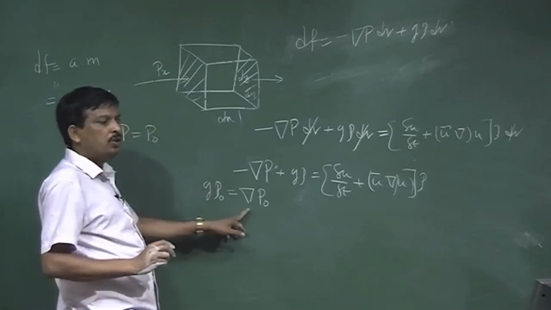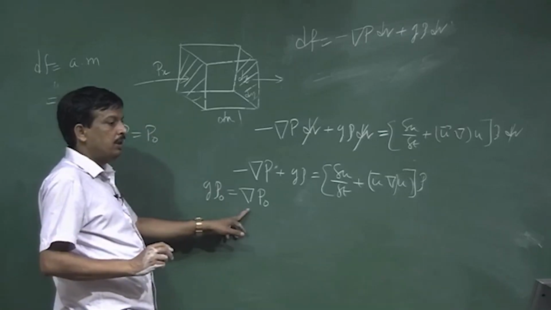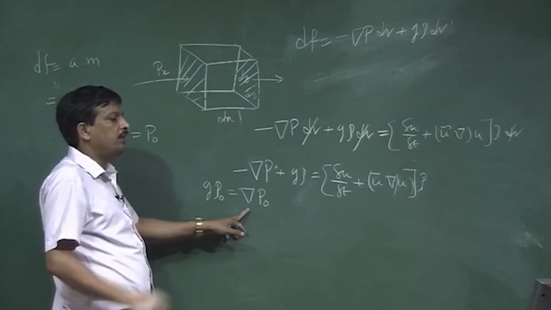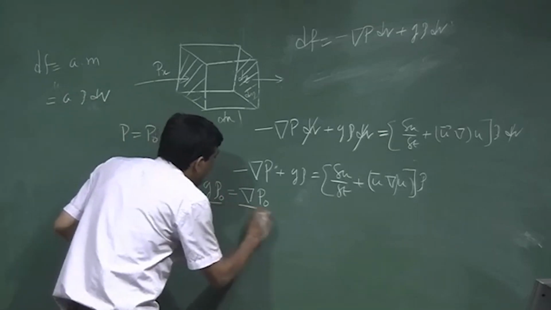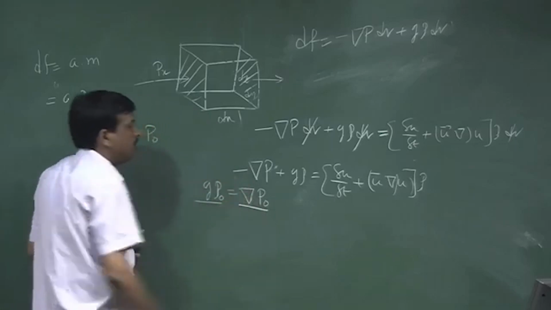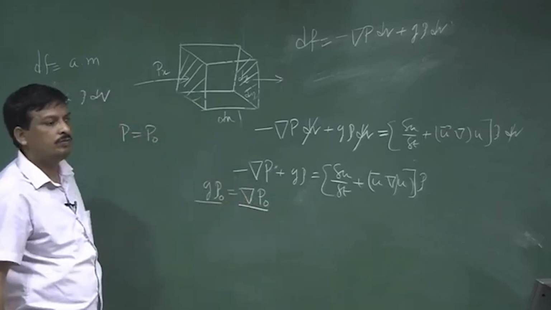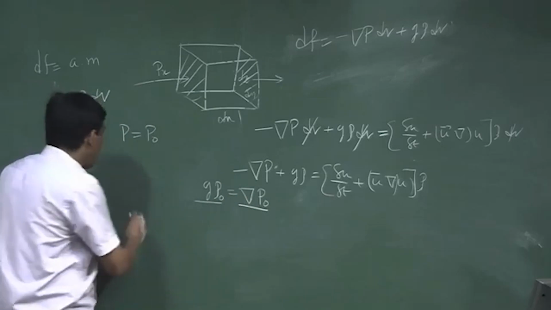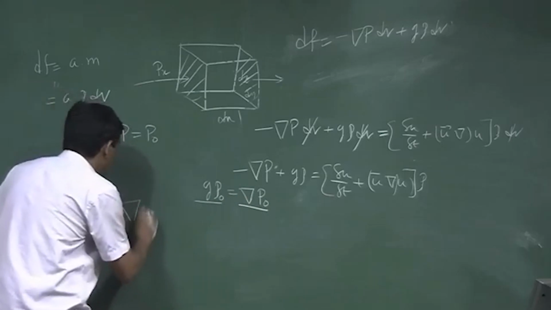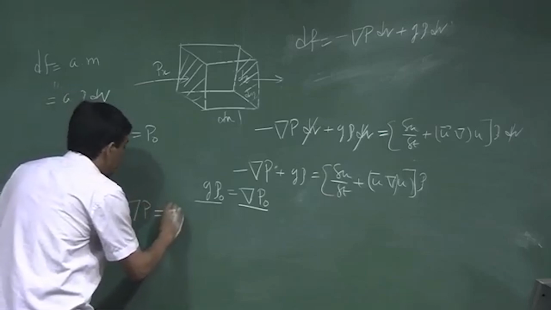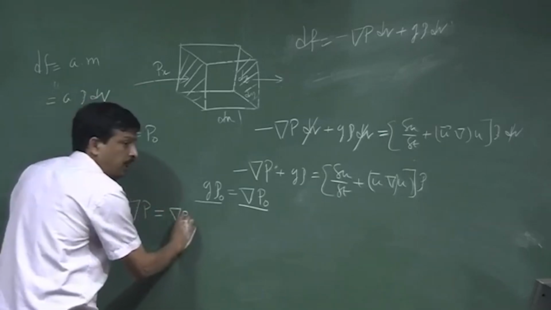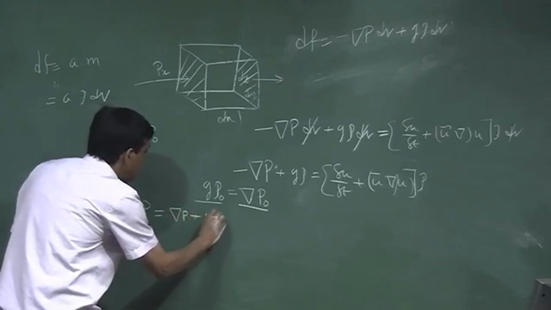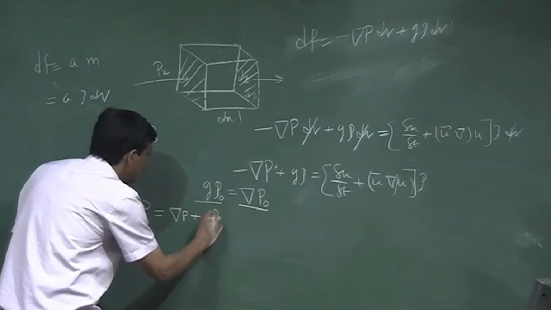Okay, this is okay. So what will I get in that equation? G rho 0 is nothing but del P0. So the total pressure del P is equal to small del p plus G rho 0.